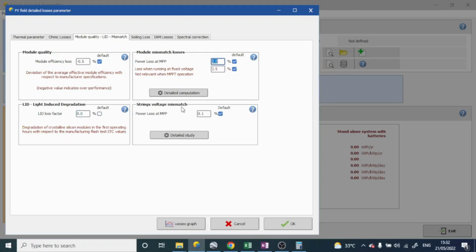String voltage mismatch. We try to keep it as minimum as possible, because wherever we are keeping the solar panel, none of the solar panels should have any kind of shading on any one of them. If one string is having any shading, automatically it will hamper the string voltage mismatch losses also.